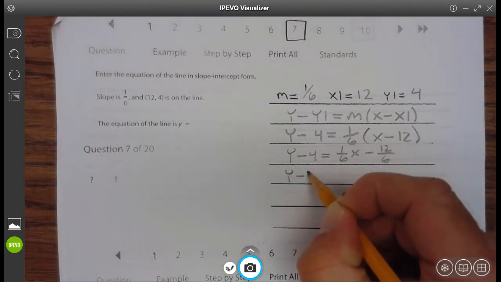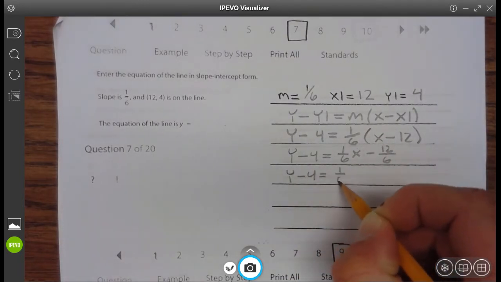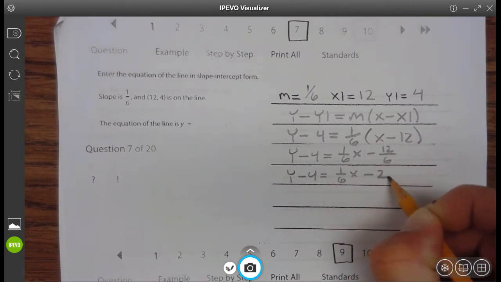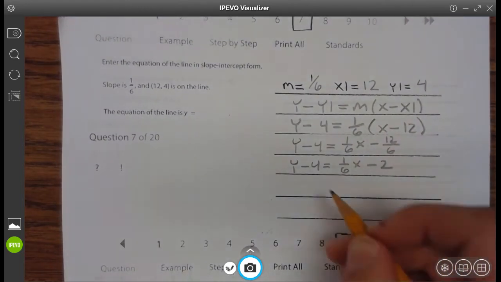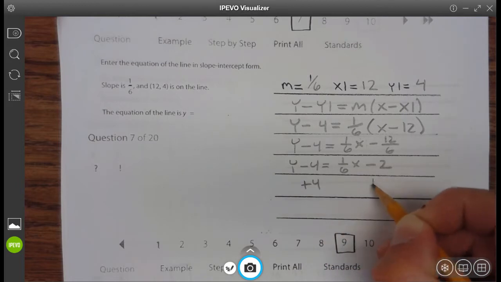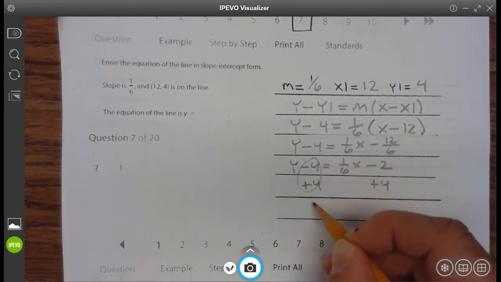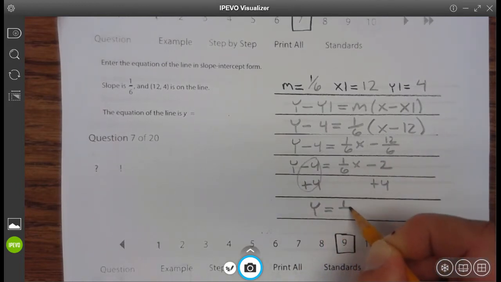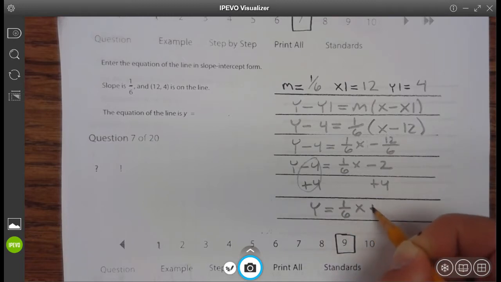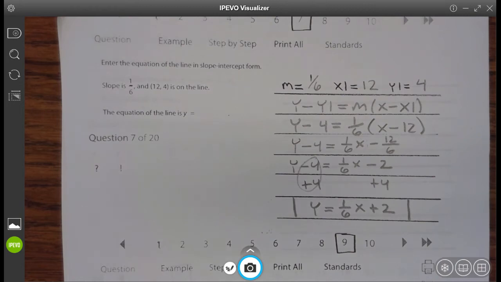Well, that's y minus 4 equals 1/6 x minus 2. And then our last step is add 4 to both sides. That becomes 0. You get y equals 1/6 x plus 2. All right, go ahead and finish up example 7.